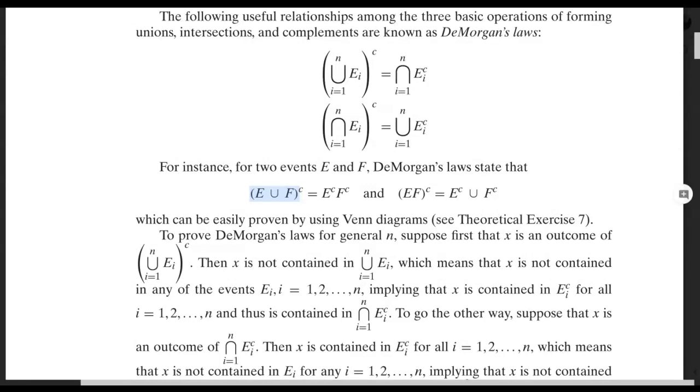So the complement of the union equals the intersection of the complements. Then the complement of the intersection equals the union of the complements. So the complement of E intersect F equals the union of E complement and F complement. All right. So complement of union equals intersection of complement. Complement of intersection equals the union of the complement.